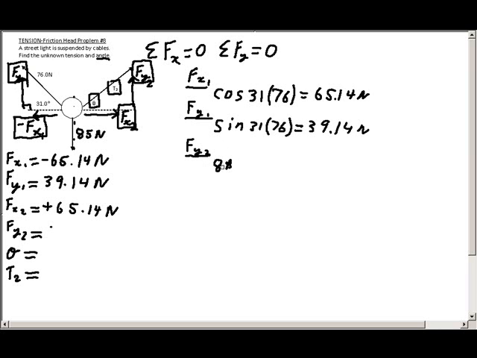Come on, Mr. Kurth, get your head in the game. All right, so we have 85 newtons downwards is going to have to equal F of y1 upwards plus F of y2 upwards.